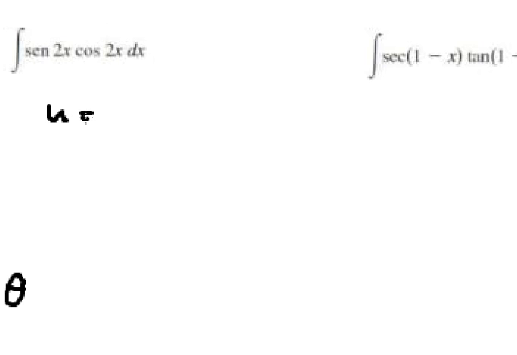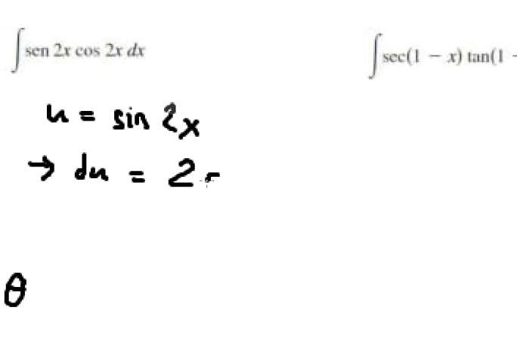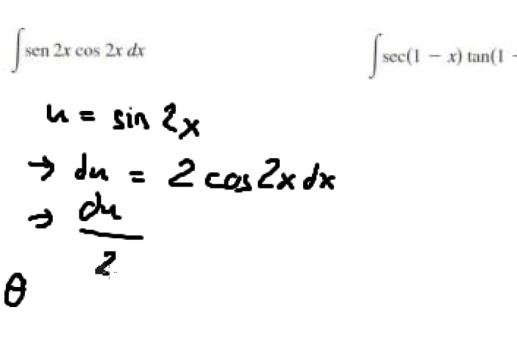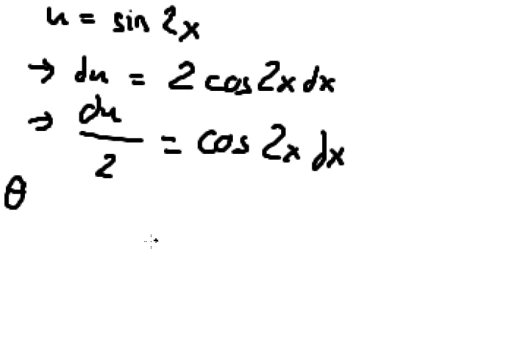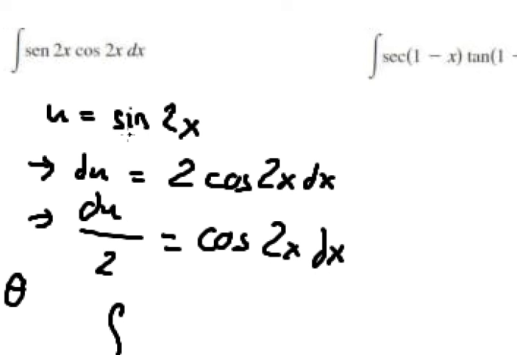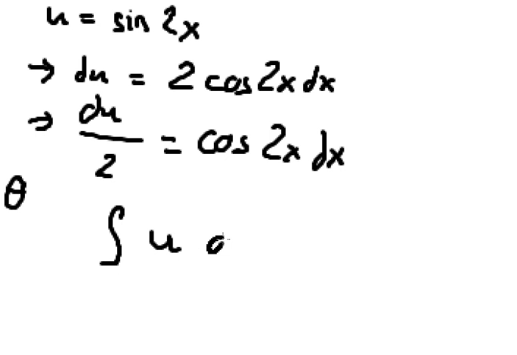Now let's go to the next one. We put u equal to sine 2x. So if we do first derivative for both sides, we have 2 cosine 2x dx. Because we don't have number 2 in here, we divide both sides by number 2. So sine 2x we change by u. Cosine 2x dx we change by du over number 2.